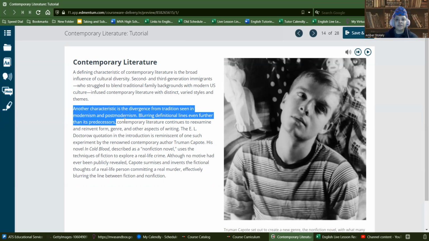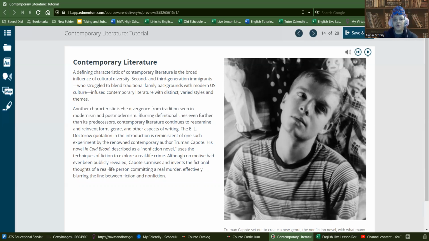So the idea was that they took realism and tried to make it into its own art movement, and postmodernism just took that to the extreme. So they're saying that contemporary literature has some of those traits, and it blurs the lines between older traditions and newer traditions.